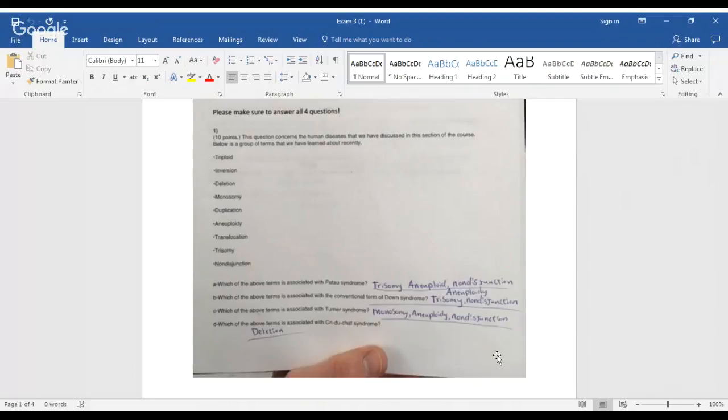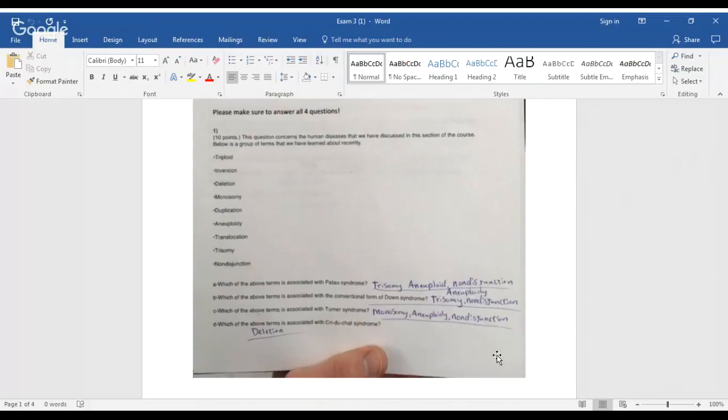Aneuploidy is just an irregular count of chromosomes. We have 46 total chromosomes.